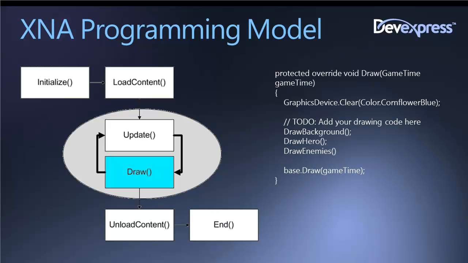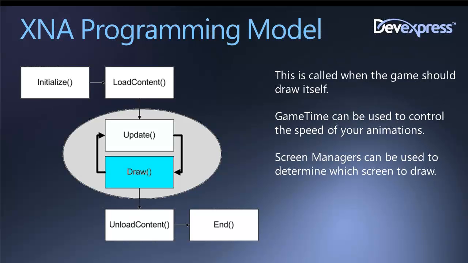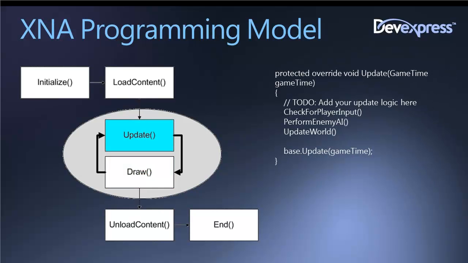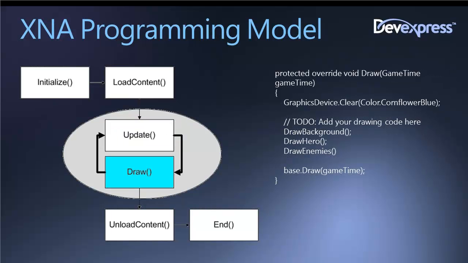Now, one thing that I didn't mention up to this point that I do want to highlight is that you may have noticed, and I'm going to actually jump back a bit, at the end of the update method there's a call to base.Update, and there's also at the end of the draw method a call to base.Draw. We'll get into components in a little bit, but I did want to highlight this part. Those two calls, base.Update and base.Draw, will fire off any code in your components.